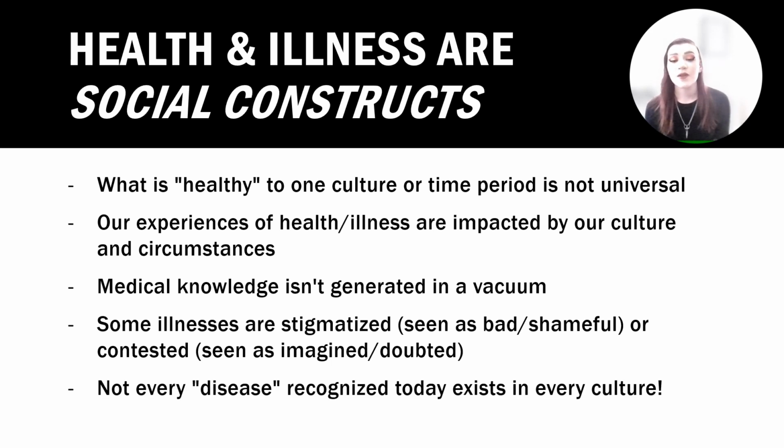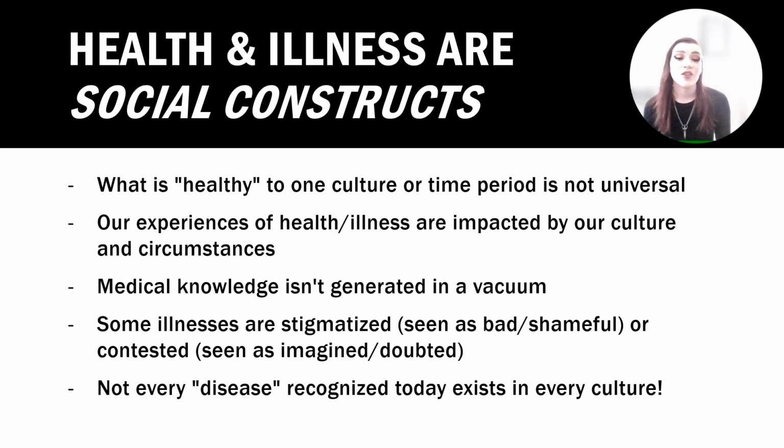And finally, we also see that not every illness or disease is universal, right? Some cultures have ideas of diseases that other cultures don't recognize. Some places would see something as a disease or a pathology, right? Something that's problematic or bad, while in other cultures, maybe that's something that is accepted as normal.